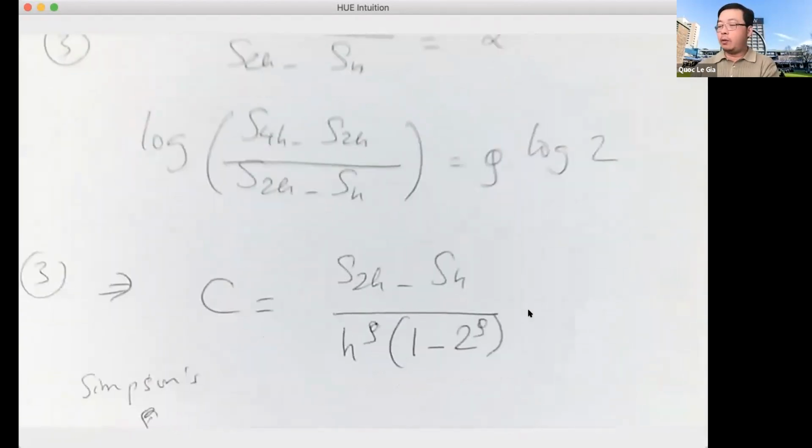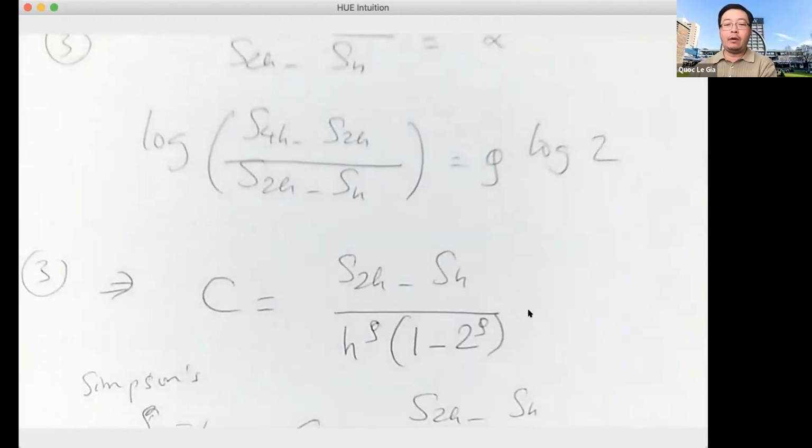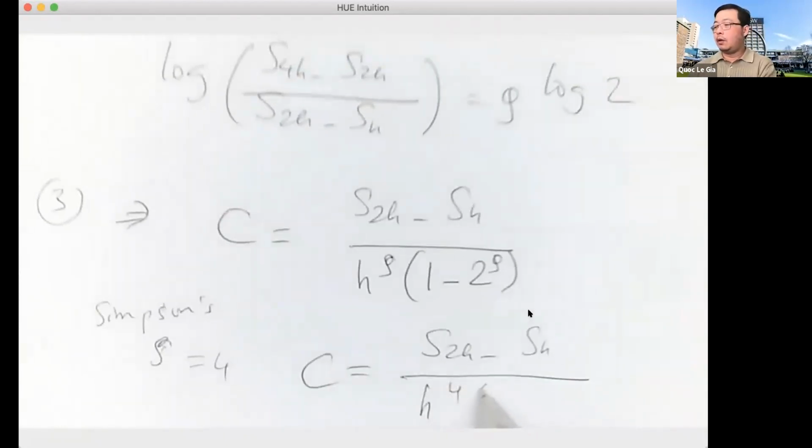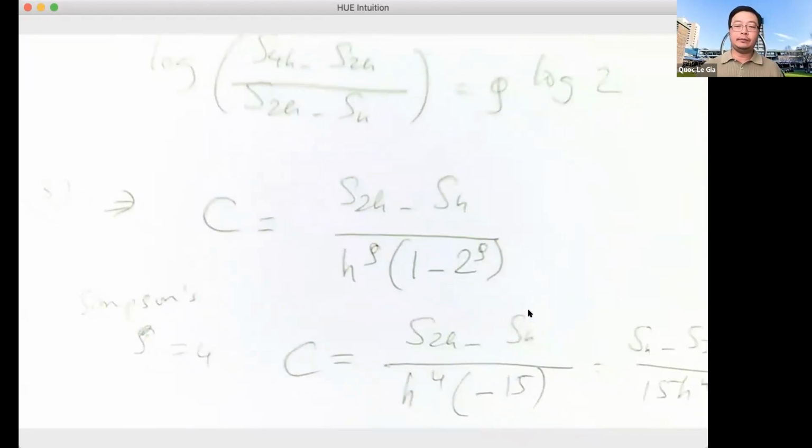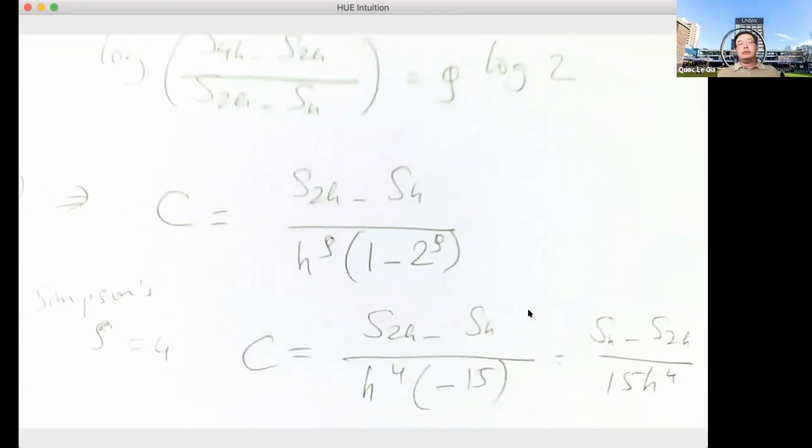Suppose you know rho equals 4, as for Simpson's rule, then C is S_2h minus S_h over h to the 4 times (1 minus 16), that is minus 15. So the formula is (S_h minus S_2h) over 15 h to the 4, just the same. And that is question 7.